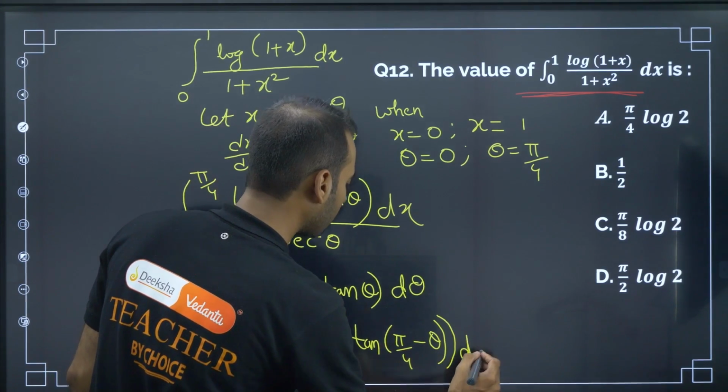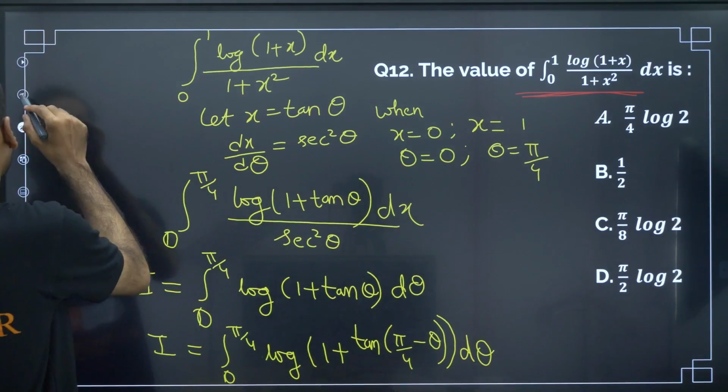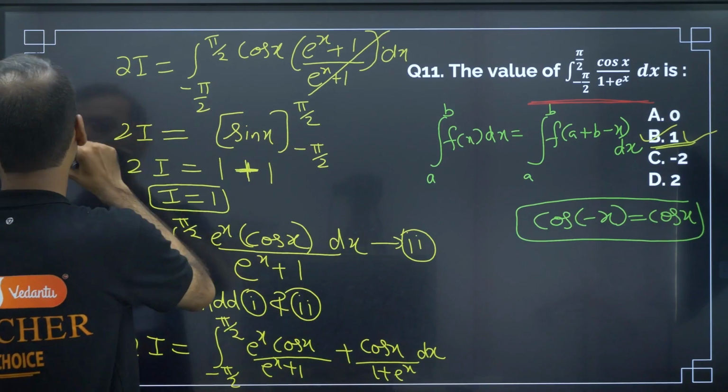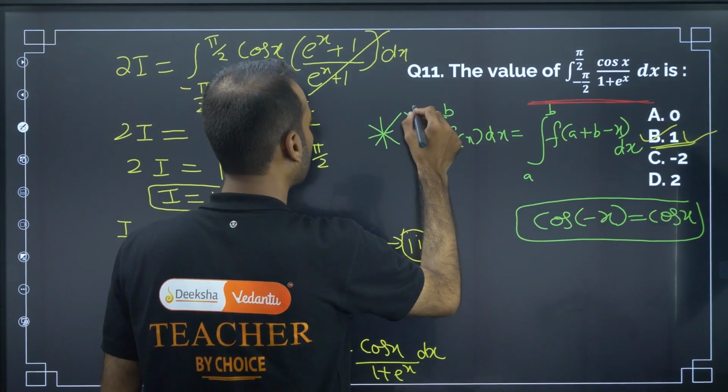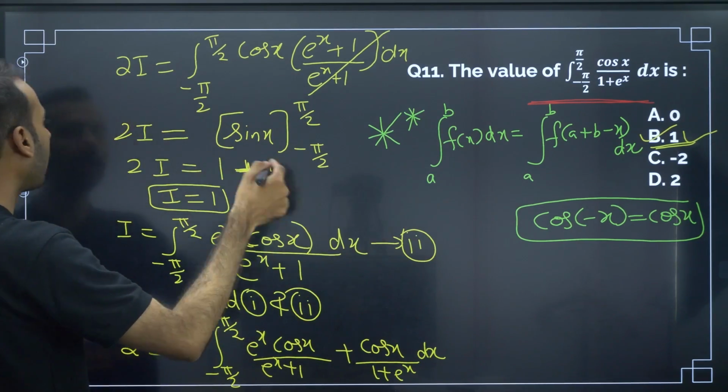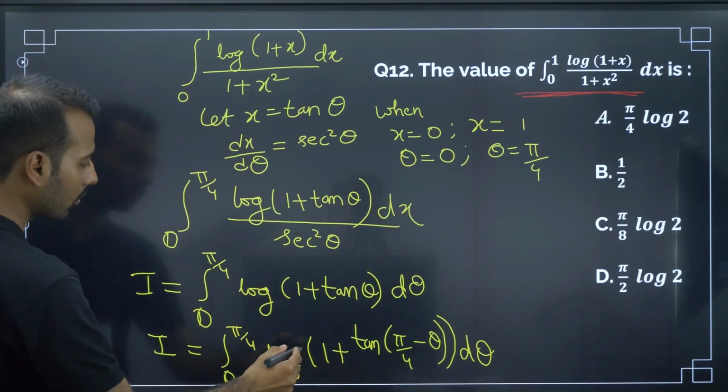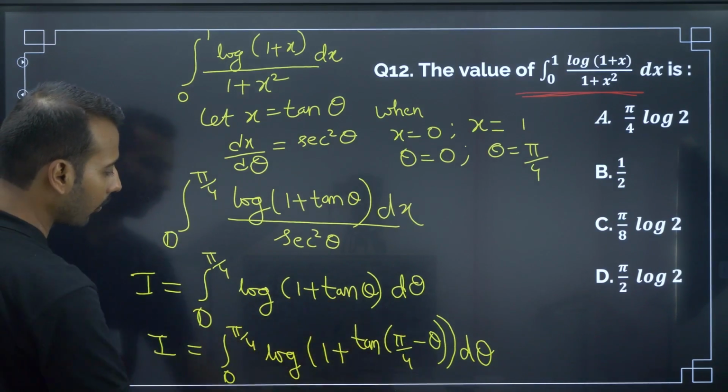Here, same property, this is a very important property. If you want, you mark this with a star, very important. Same property I am using here also, a plus b minus x, that is pi by 4 minus theta.